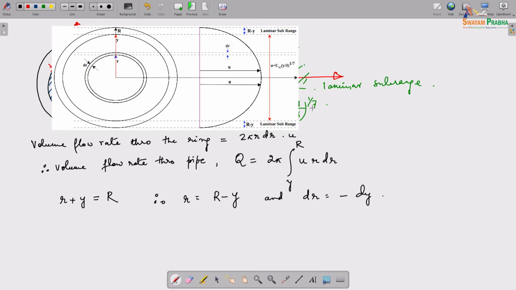Let's go ahead and input that into the Q, right. So then Q is 2 pi. I'm going to just not use the limits for now.